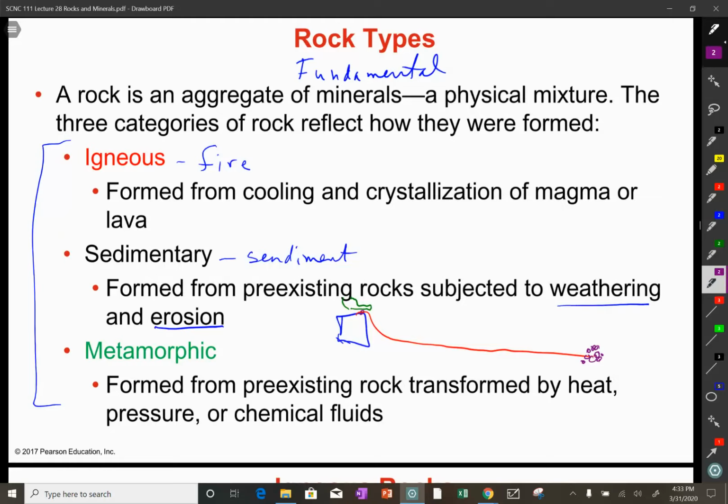Final type of rock, metamorphic rock. Metamorphic rock could start as igneous or sedimentary, but it's been transformed. So metamorphic is transformed by heat, pressure, or chemical fluids. The typical case is heat and pressure. So you might have a calcite rock.